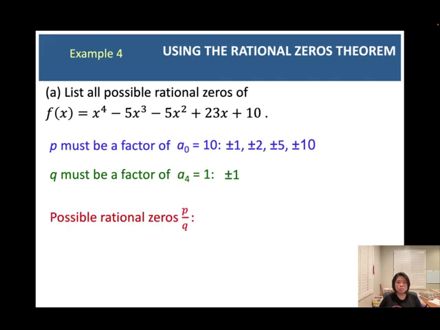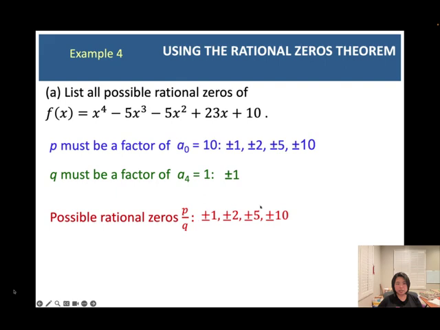Okay, write down the possible rational zeros, P over Q. So this one is pretty straightforward because we only have Q equal to plus minus 1. So we can have plus minus 1, plus minus 2, plus minus 5, and plus minus 10.